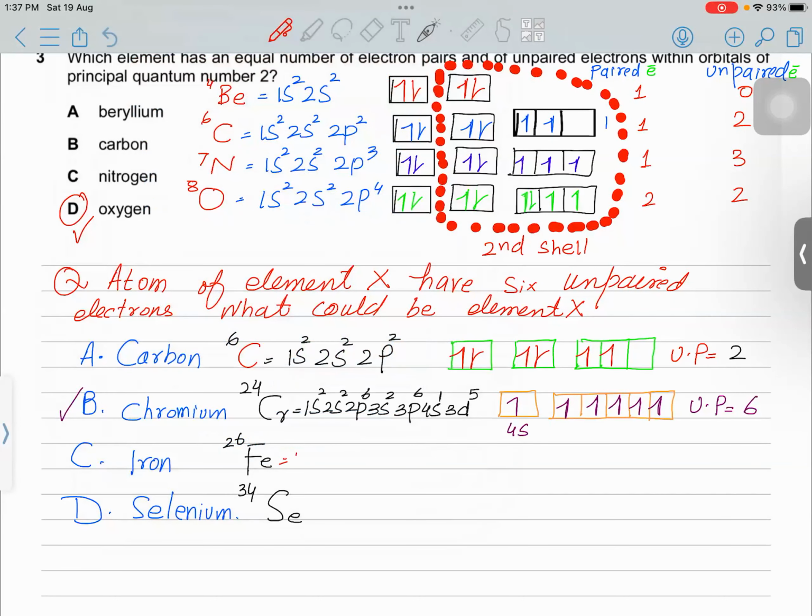Now iron: 1s2, 2s2, 2p6, 3s2, 3p6, 4s2, 3d6.